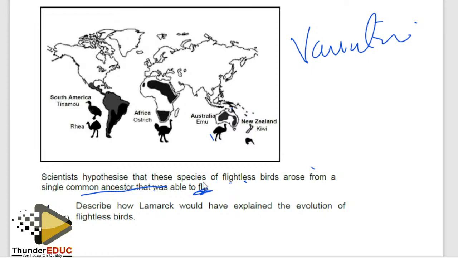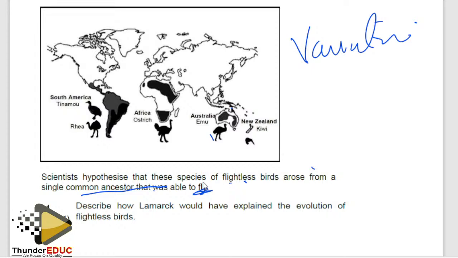Those which are able to fly, maybe they were not favored, maybe because they were detected by the predators up there. You understand? Therefore, they were being killed by the predators, while those which are not able to fly were able to survive and hide from predators.